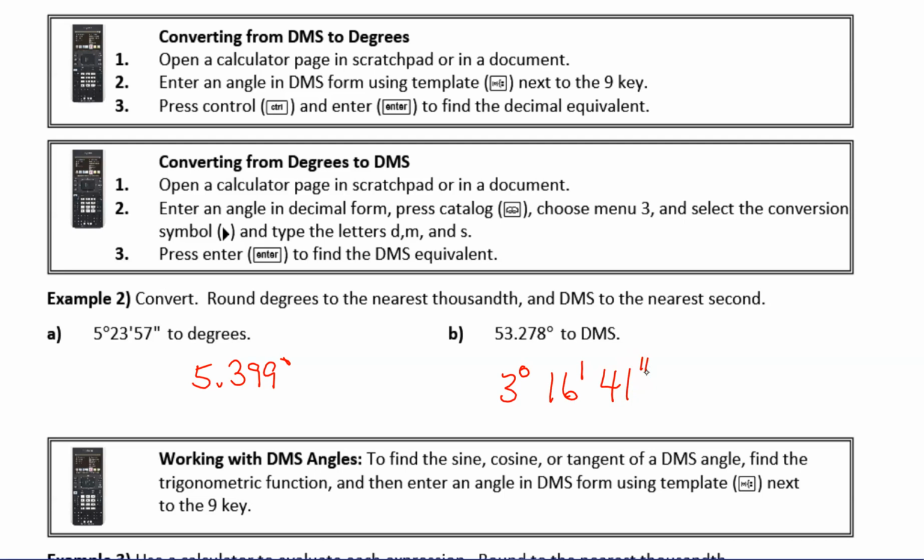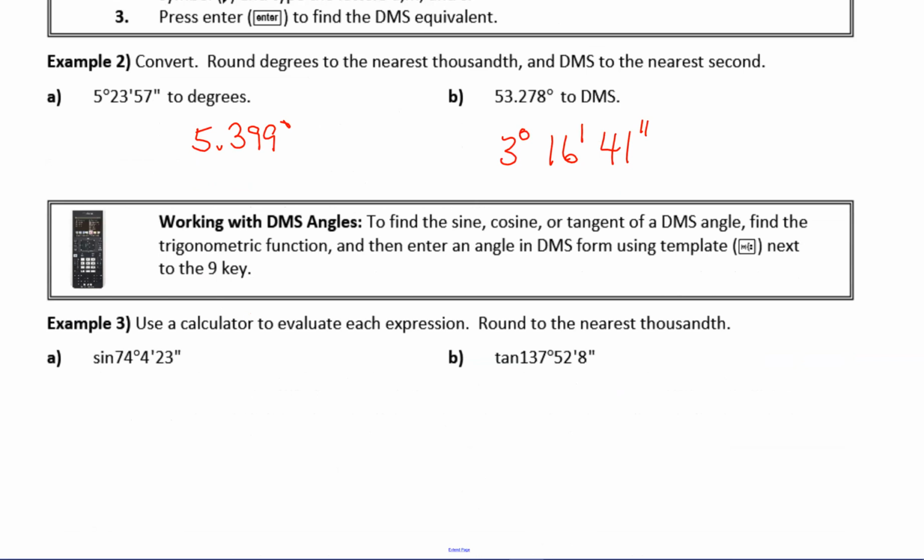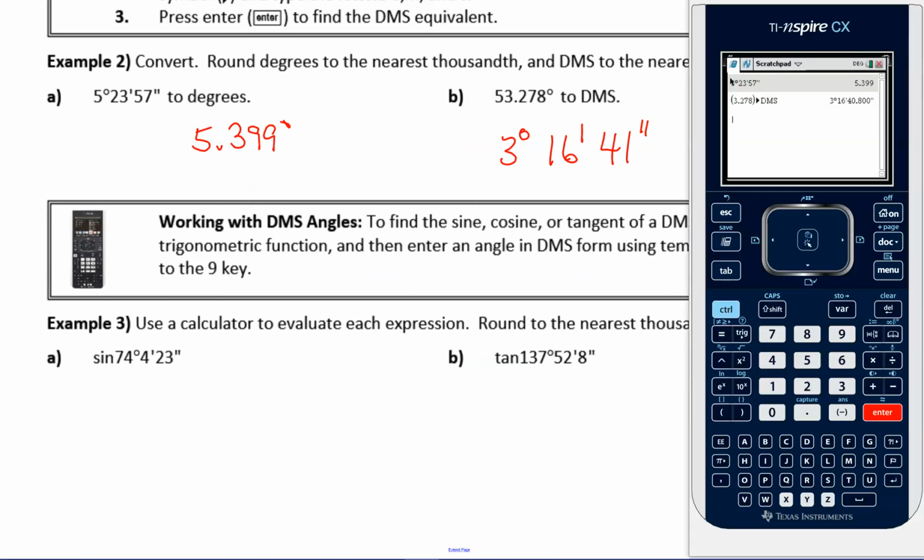All right, so if we're working with a DMS angle, then if I want to find the sine, the cosine, or the tangent of it, we're going to find that trig function, enter that, and then we're going to use that template, which is next to the 9 key, to enter the angle. All right, so let's try that. Sine of 74 degrees, 4 minutes and 23 seconds.